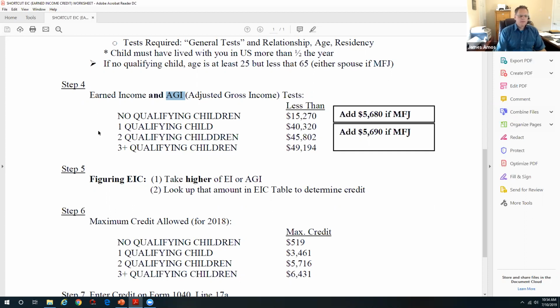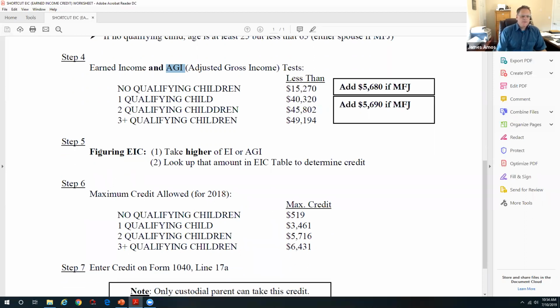So step 5, figuring the EIC. How do you figure it? Well, you do it in 2 steps. First of all, take the higher of the earned income or AGI. Again, up in step 4 we had to run the test separately. Now you want to take whichever one is higher.